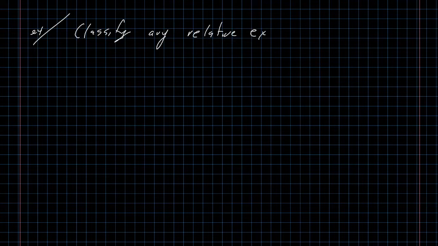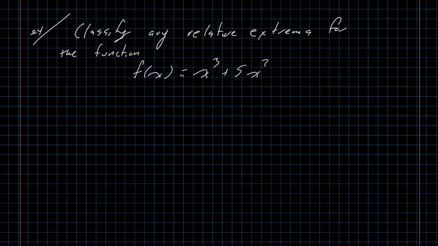And now that we know that it is a thing that happens, let's think about the function f of x equals x cubed plus 5x squared minus 9x plus 7. And I'm asking to classify any relative extrema.